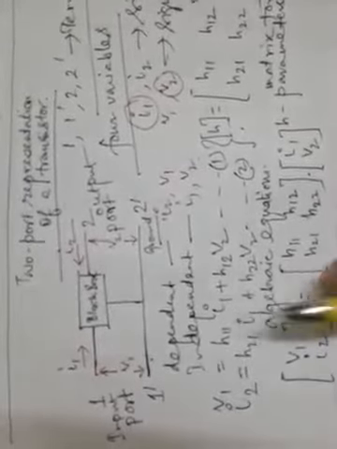So these algebraic equations can be put into the matrix form. This is the matrix form of representation of the above two algebraic equations.